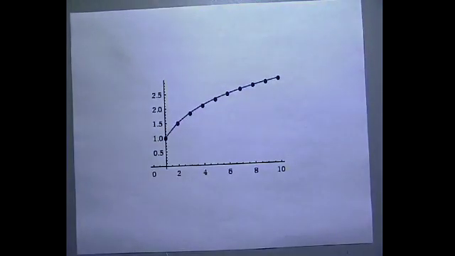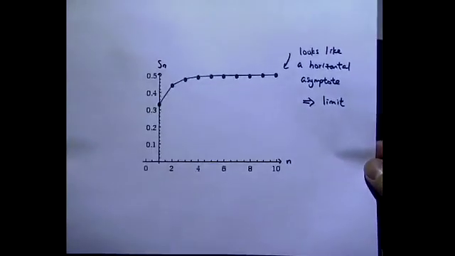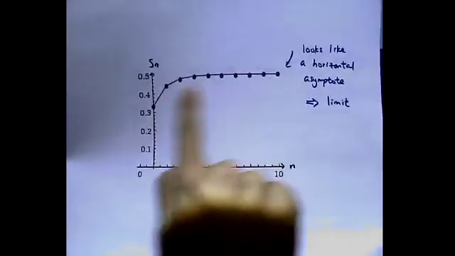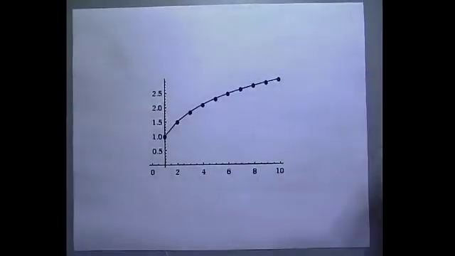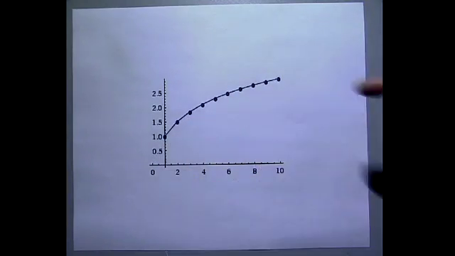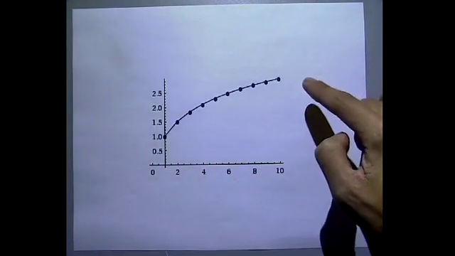Look at the graph and compare to the last one. This is a typical converging series. It's got some kind of horizontal asymptote. Here's the harmonic series. The growth seems to be slowing down, but it doesn't appear to be settling down.